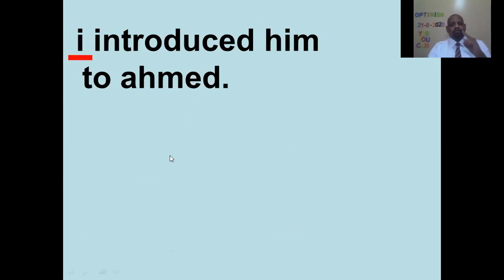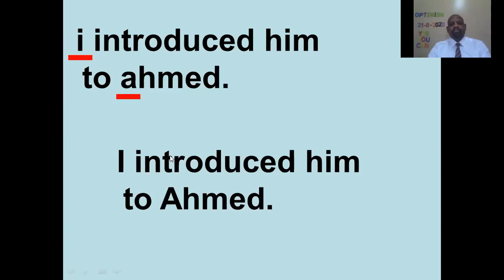I told you "I" must be capital everywhere in the sentence. And the second mistake is the letter A in Ahmed. Ahmed is a proper noun, so it must be capital. Here is the correct sentence: I introduced him to Ahmed. Capital I, capital A. That's good.